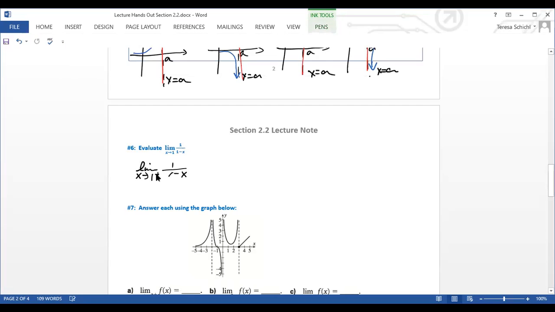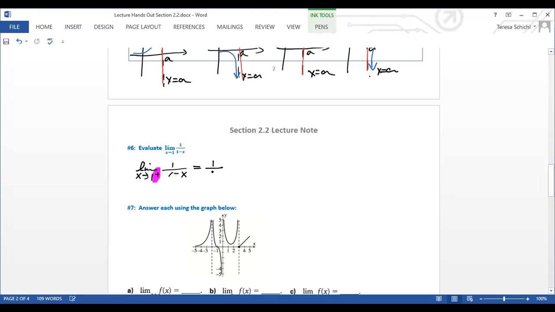Be careful. That means the right-hand side of the 1, which is always a little bit bigger. So if x is a little bit bigger, then what happens here? That means 1 minus x will be smaller, less than 0.